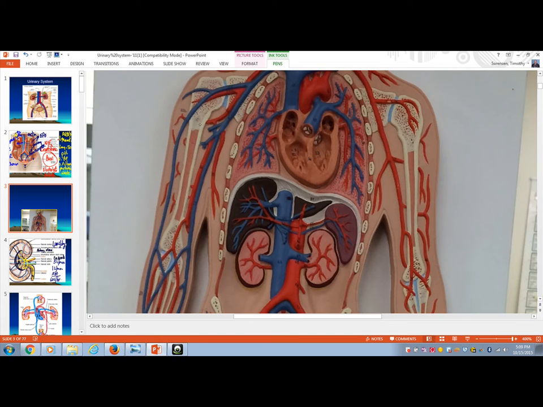This part right here of the aorta is called the celiac trunk. And then this organ right here is the liver. So this big artery that branches off the celiac trunk is the hepatic artery.